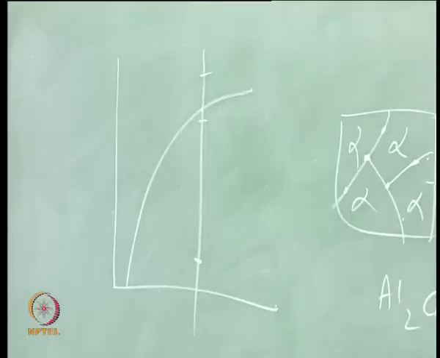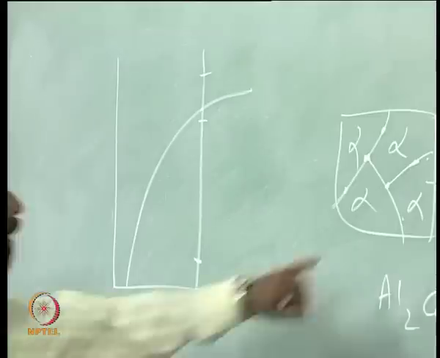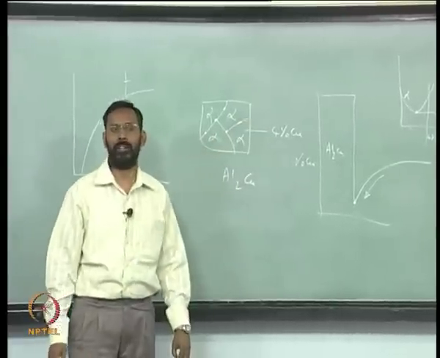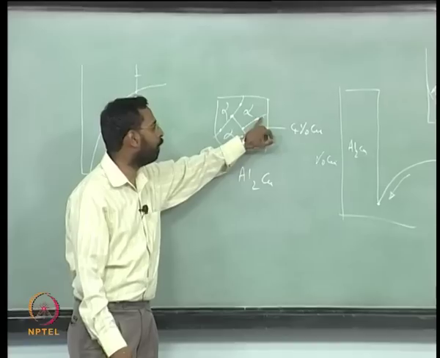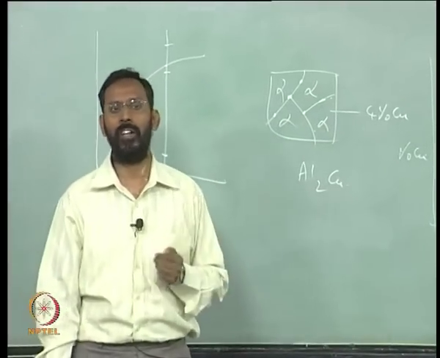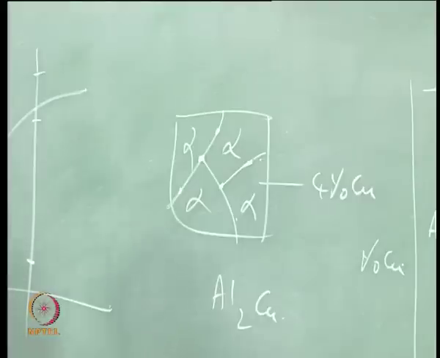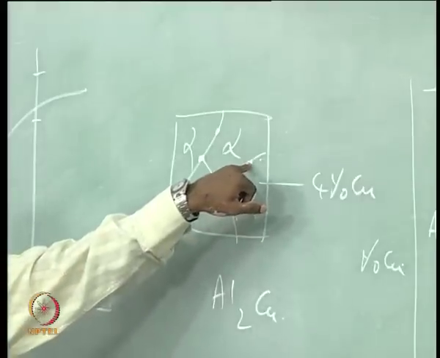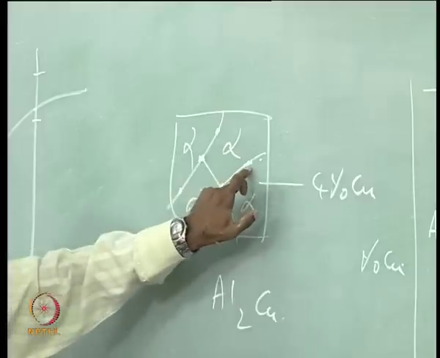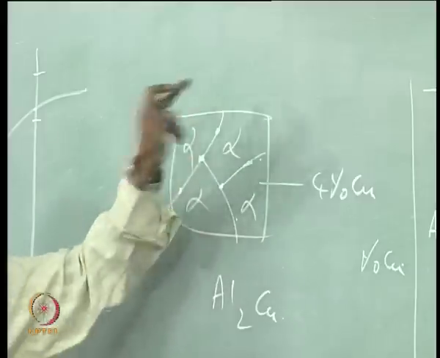Thermal diffusion is more difficult, and nucleation and growth of the theta phase, or any precipitate phase for that matter, is more difficult. In this particular system the equilibrium phase is the theta phase, in some other system it may be some other phase. So, for the theta phase to nucleate at the grain boundaries is more difficult.